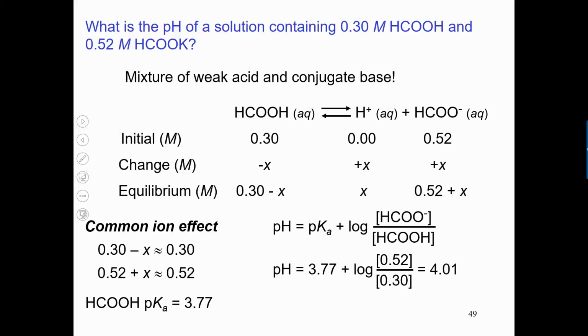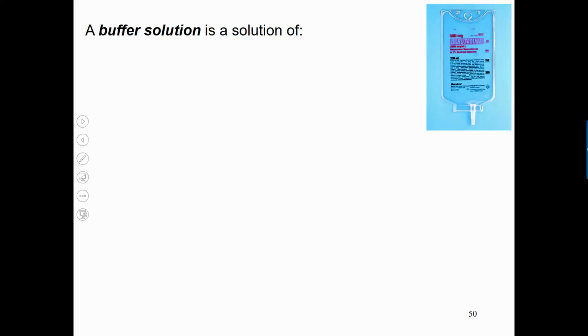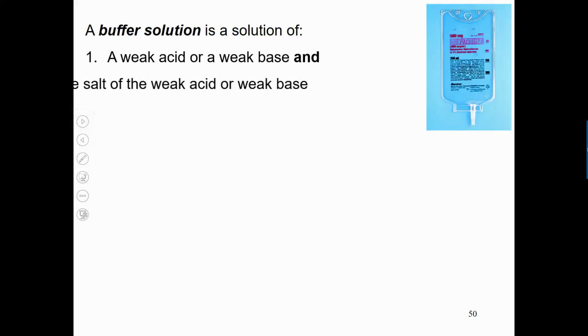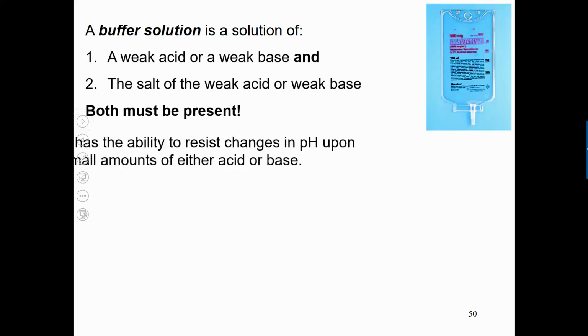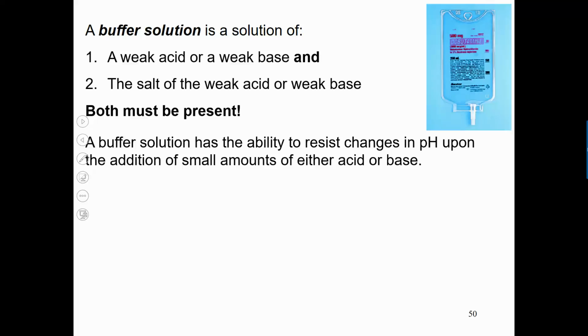All right, so our pH came out like we found. pH is 4.01. Very important in a buffering system, you must have both the acid and the base in order to be considered a buffering system.